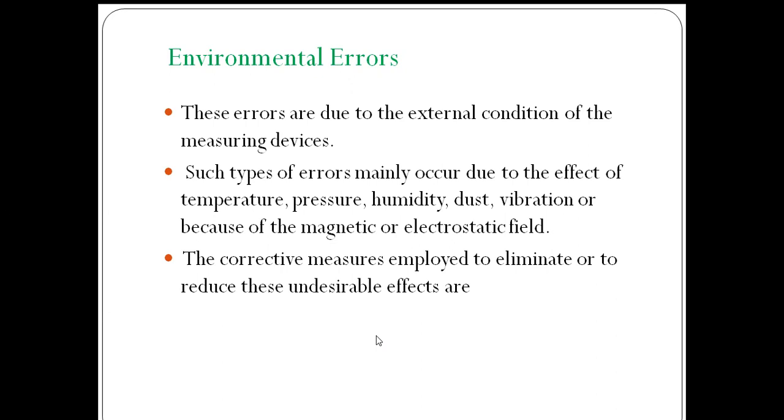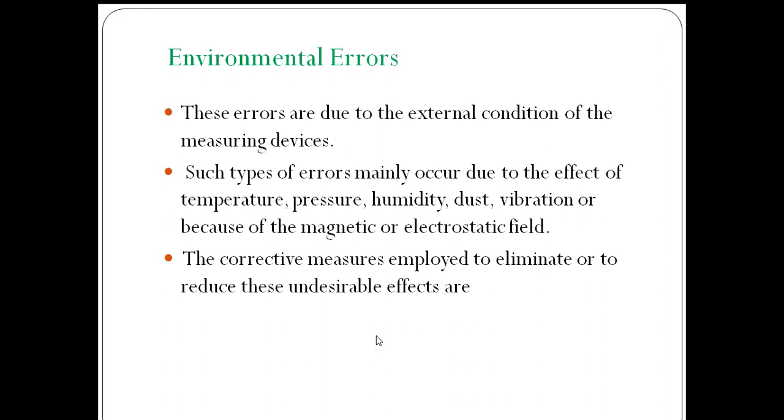Now environmental error. These errors are due to the surrounding environment like temperature, humidity, pressure, dust; everything will cause error in operation. These errors are due to external conditions of the measuring devices.